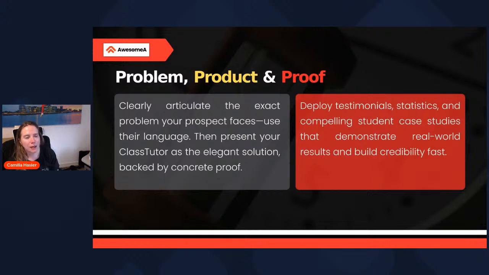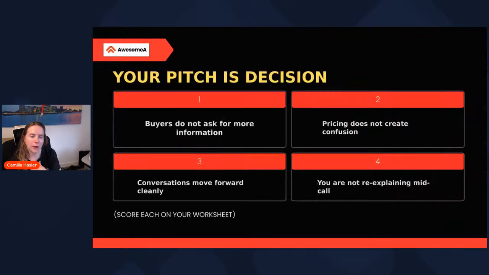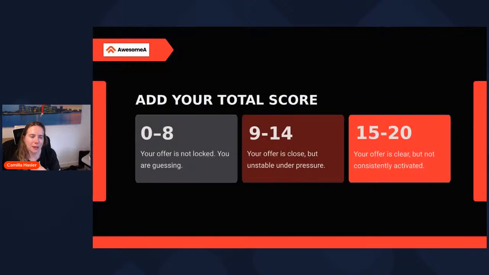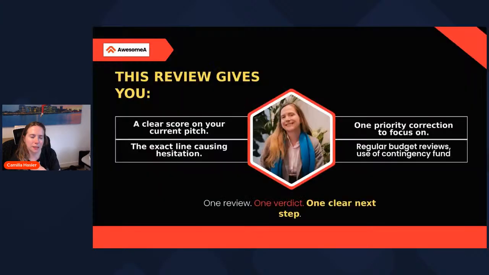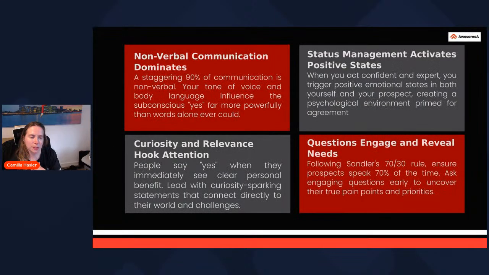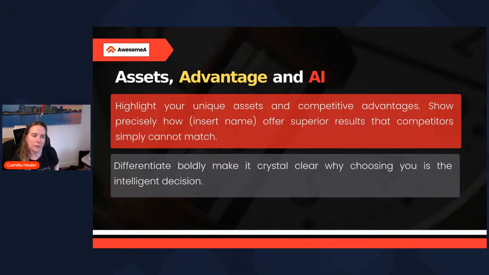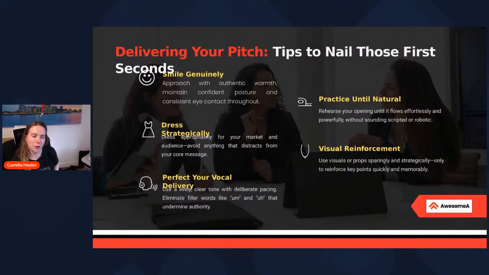So you want to clearly articulate the exact specific problem that your prospect is facing. And you want to use that language, and you then want to present whatever solution you have as the key core solution, right? Whatever your company name is, whatever your specialism is, that's what you're building towards, right? You are building towards creating that as the keystone of your pitch.